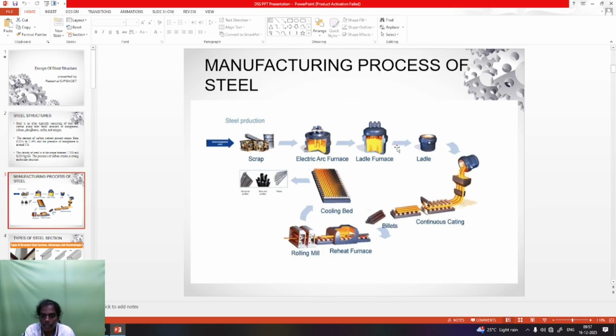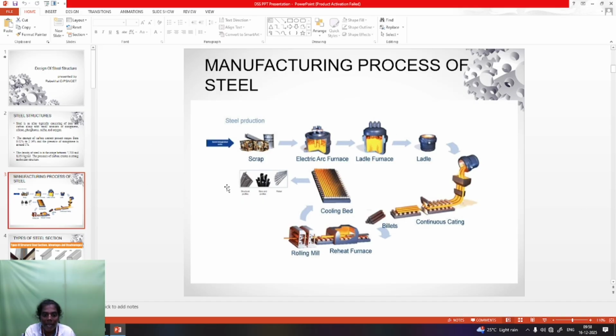Then continuous casting and billets go to the reheat furnace, and the rolling mill and cooling bed create the bars, I members, angle members and bar members, each used for the construction of steel structures.